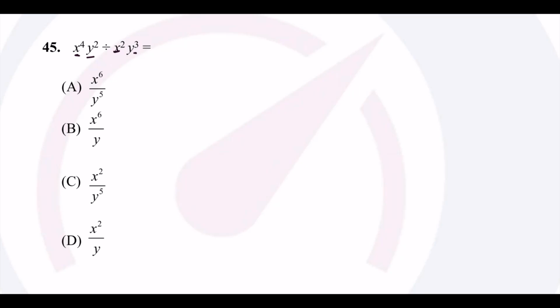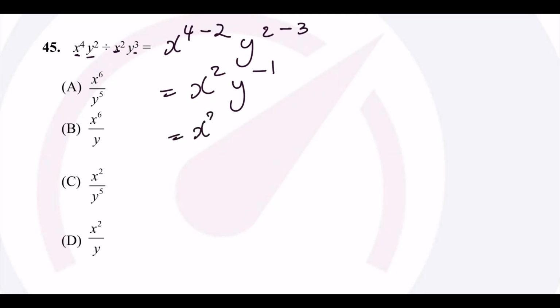So we have x to the 4 minus 2, and y to the 2 minus 3. This gives us x squared y to the negative 1. Anything with a negative 1 power is in the denominator. So we have x squared over y. That's one way you could look at it in indices form.